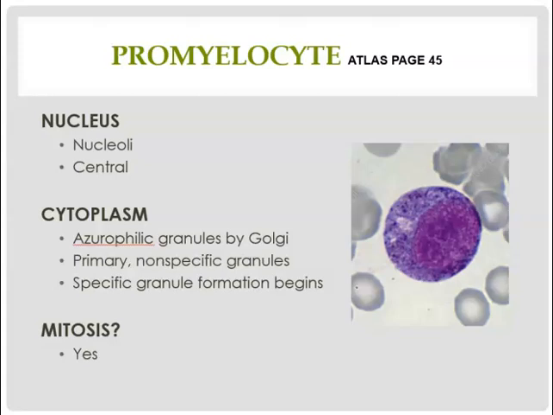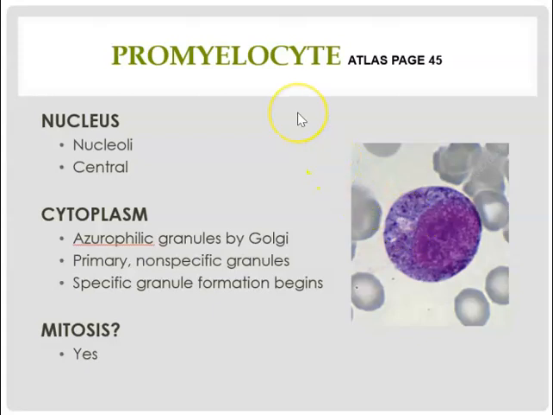In the cytoplasm, we have what's called azurophilic granules. These help provide enzymes for digestion. These are those thicker, more dense granules you see, and they're usually by the Golgi.